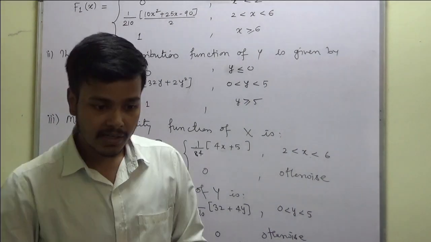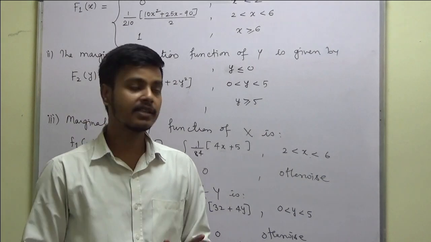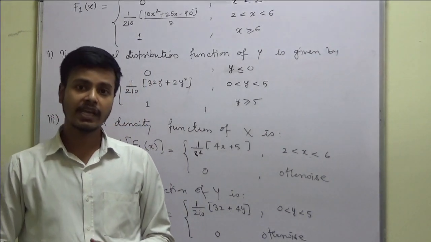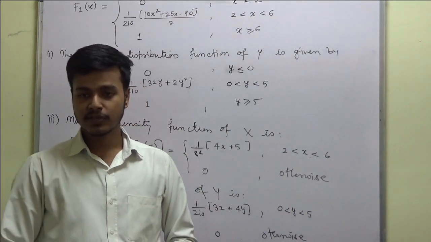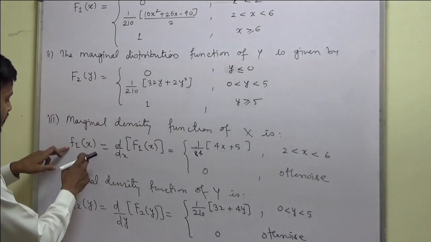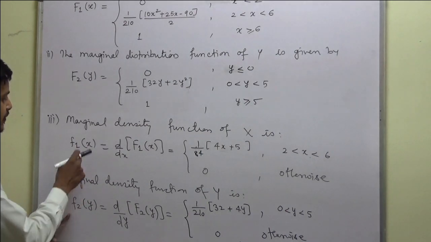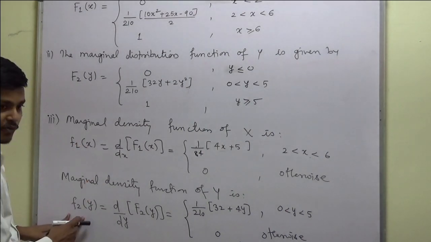Now only one is left, that is to check whether the variables are dependent or independent. So just multiply f1 of x and f2 of y.